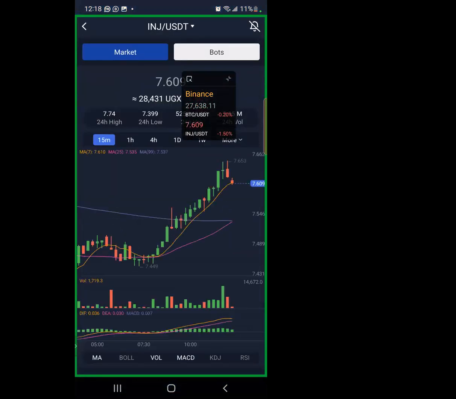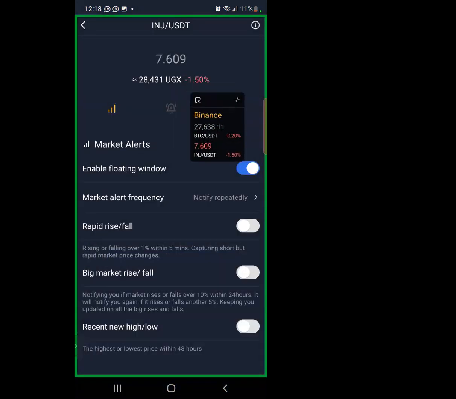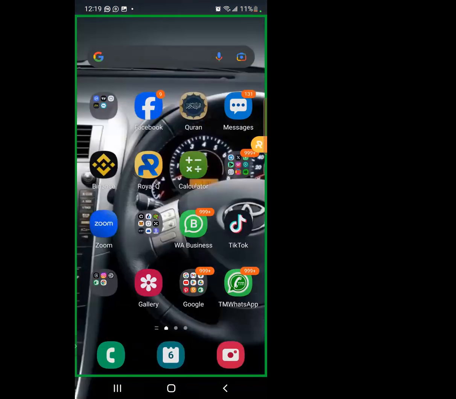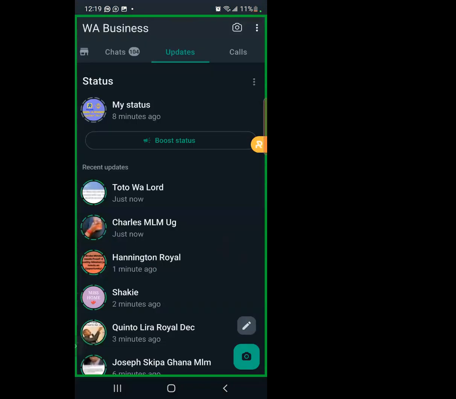So when you tap on floating window, the robot is going to give you a window, even if you're out of the app, even if you are on your WhatsApp. You can just tap that icon and it shows you the progress of the trade.